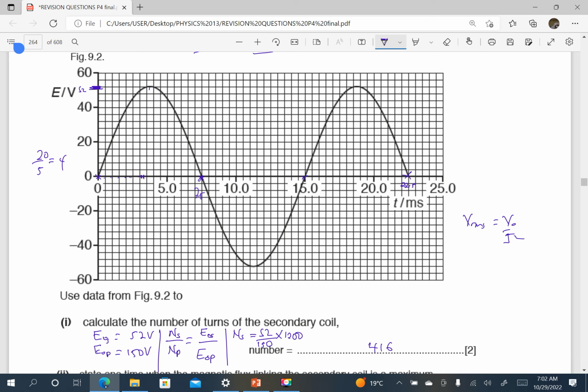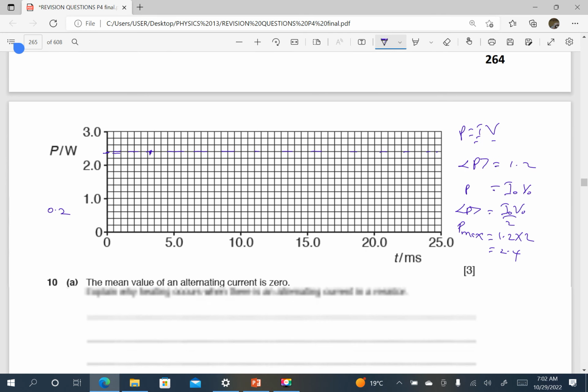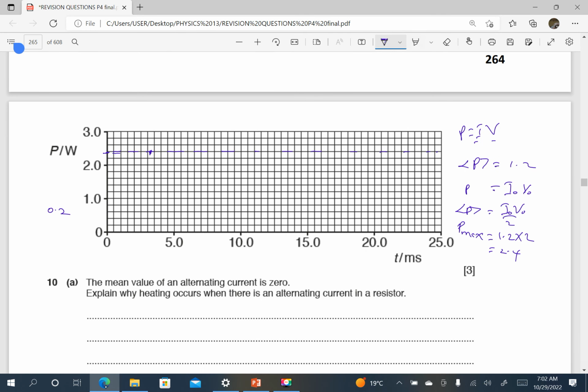So I'm starting from the center. Actually, it is 7.5. That's when it is maximum, not 6.5. So I have to change this.